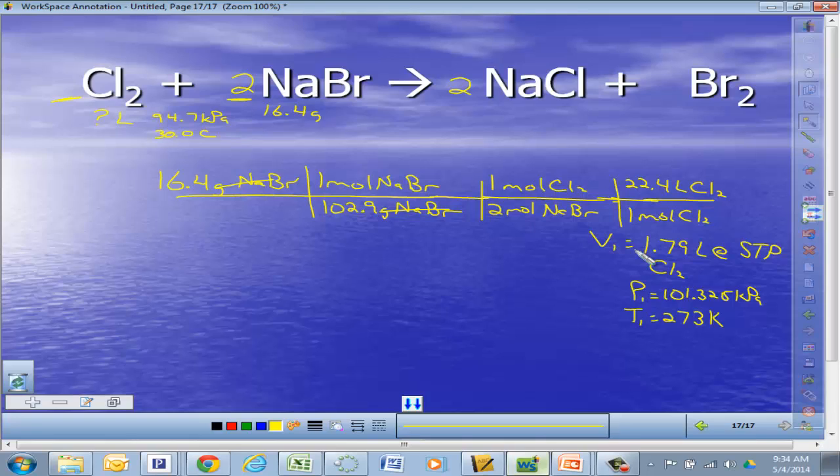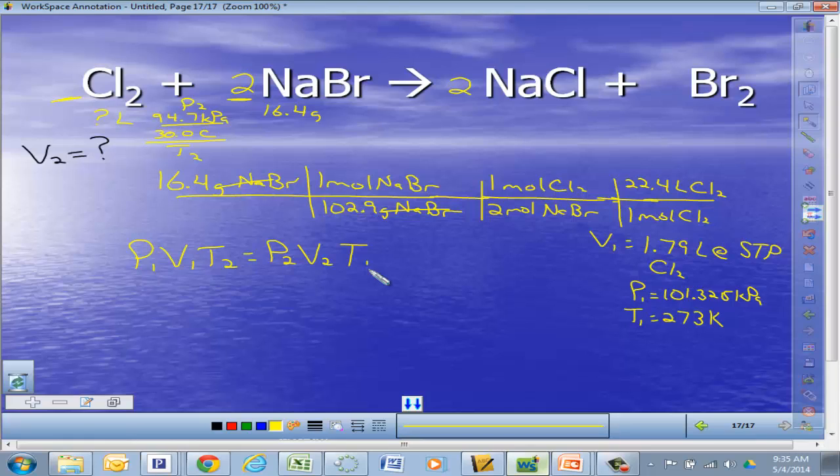Well, you can see that we're not at these conditions. This right here is going to be my pressure 2. This right here is going to be my temperature 2. And essentially what I need to solve for is the volume under those conditions. So if I go to the combined gas law, P1 V1 T2 is equal to P2 V2 T1.